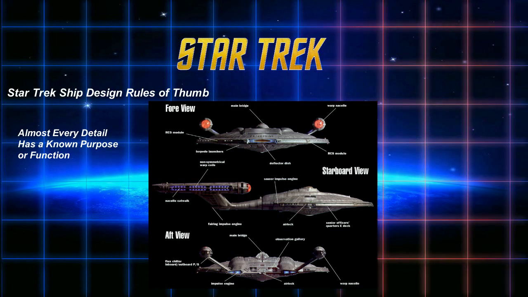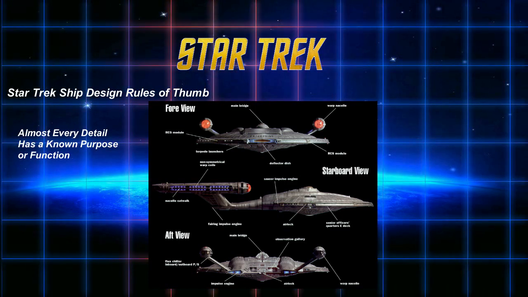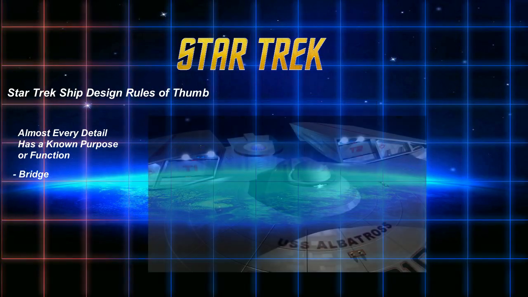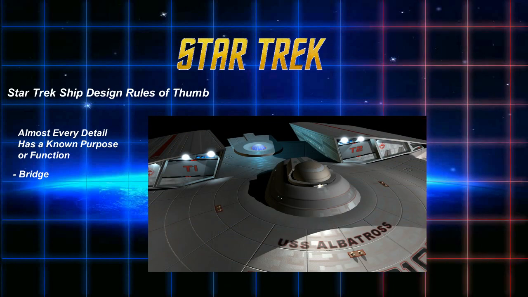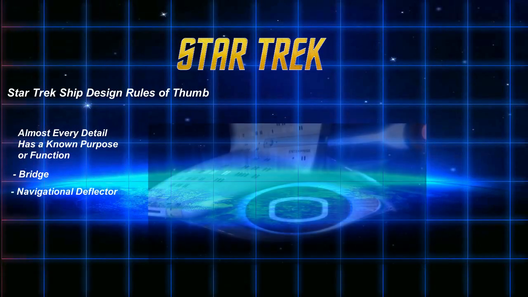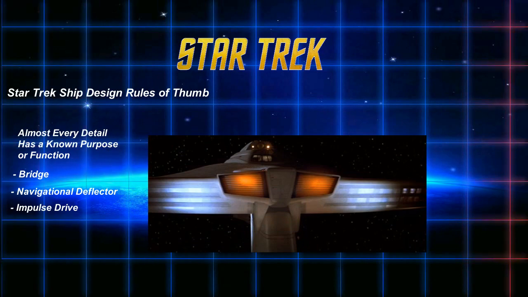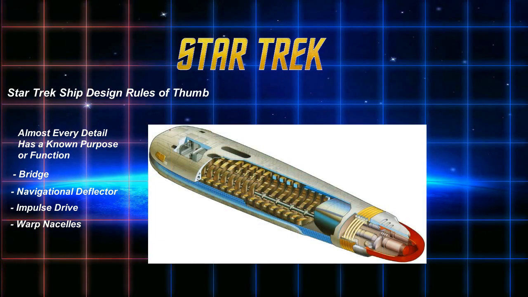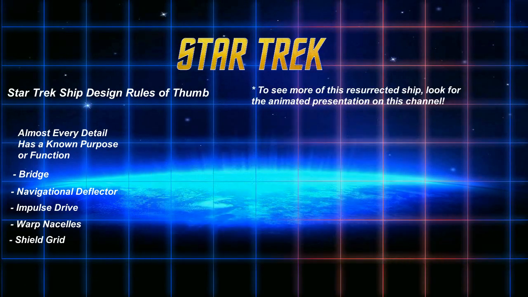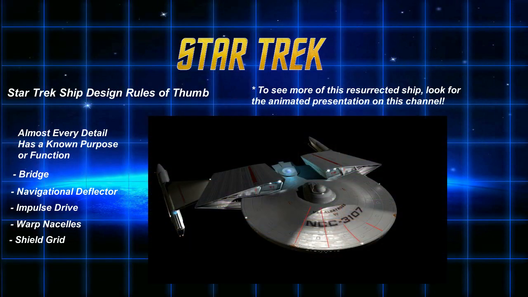So when we are looking at a Starfleet ship, for example, it almost always has a bridge. It almost always has a navigational deflector. It almost always has an impulse drive system. And it almost always has warp nacelles. And usually some sort of shield grid, which is greebled into the hull.